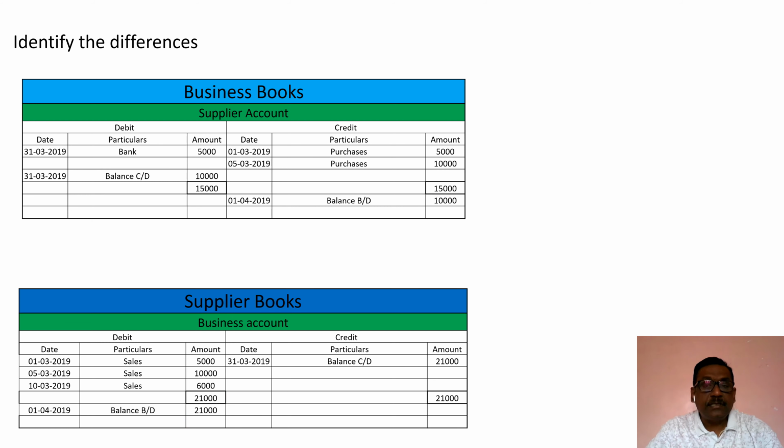In the previous slide, I took the ending balance of the supplier account in my books and the ending balance of my account in supplier books, and I analyzed. After analyzing, I need to identify the differences, right? What are those differences?